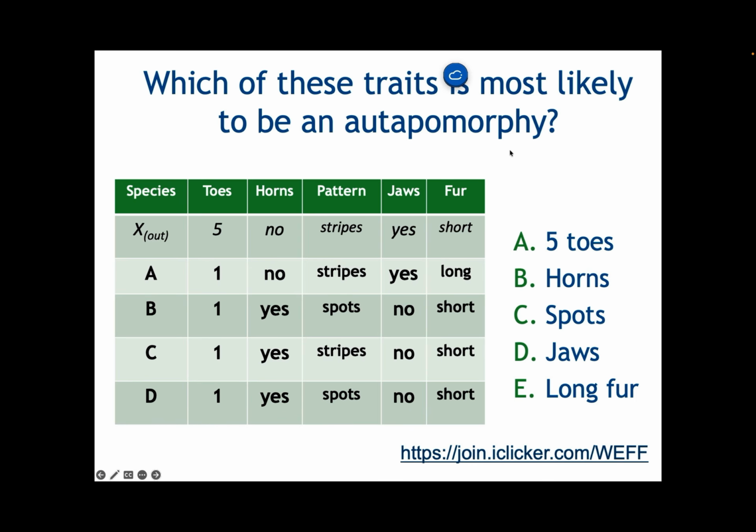Okay, can you recognize or remember what an autapomorphy is? Which of these traits, shown here, is most likely to be an autapomorphy? Remember, autapomorphies are unique. They're only found in one taxon, and they're derived.